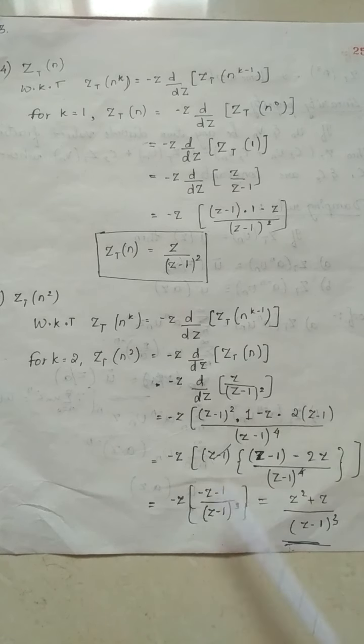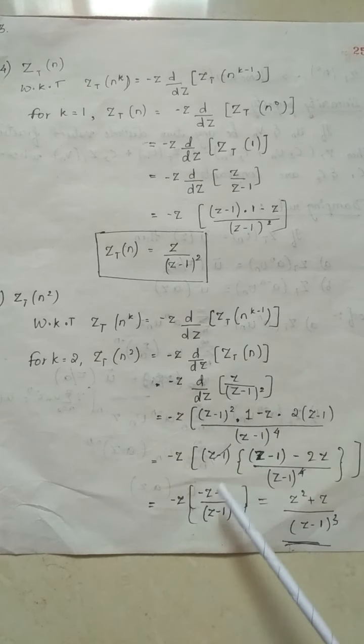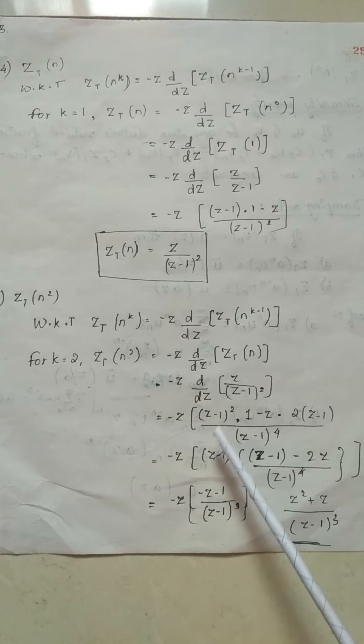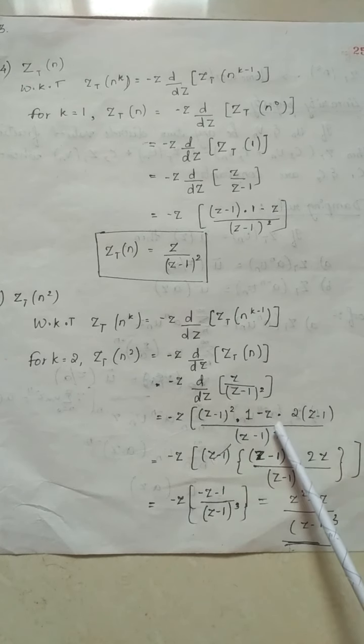Now we are differentiating with respect to z. Keep minus z as it is. Differentiate z upon z minus 1 whole square with respect to z using quotient rule. z minus 1 whole square constant. Derivative of z is 1 and keep z constant. Derivative of z minus 1 whole square is 2 times z minus 1, divided by z minus 1 whole raised to 4.